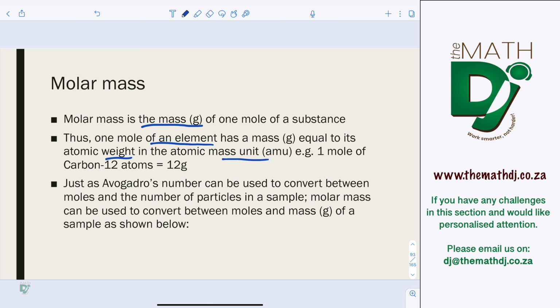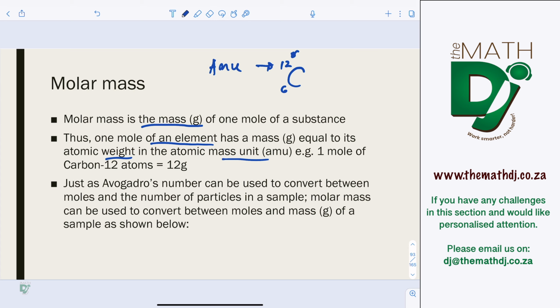So if you go to your periodic table, you can see it's written 12.01. So 12, that is what we are referring to as the atomic mass. So this represents that 1 mole has got 12 grams. So if you go to a different atom, the number of grams in a mole, you take it from this number.